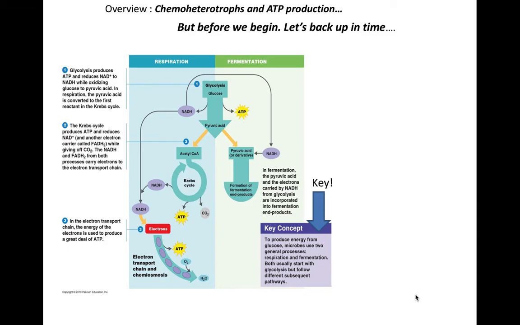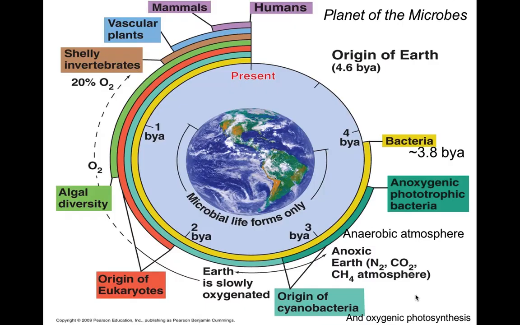So you'll recall that the first cells, the first prokaryotic cells, arose about 3.8 billion years ago. Conditions on Earth were really different from today. The atmosphere was anaerobic, meaning there was no free molecular oxygen present.